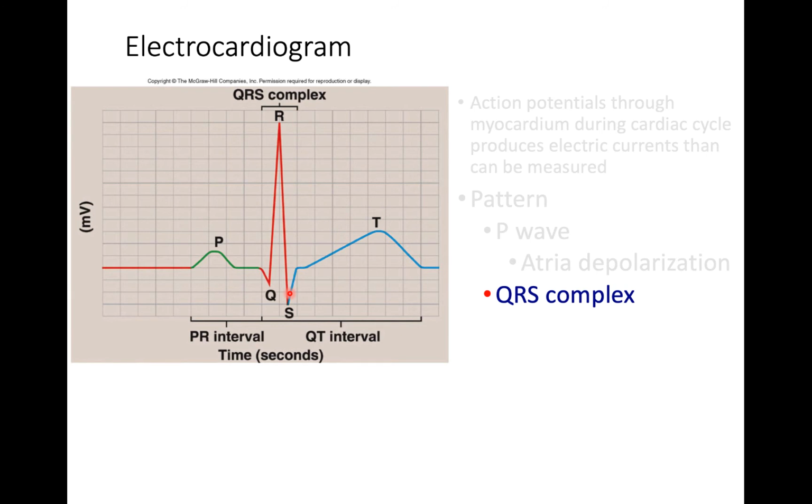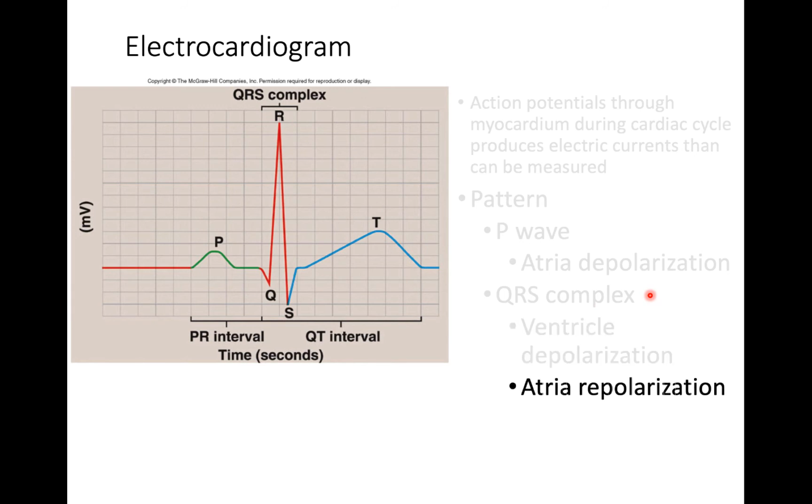So first, the voltage shoots down the interventricular septum, then up the ventricles to cause that ventricle to contract, pumping the blood up and out of the pulmonary artery and the aorta. The last piece of this is going to be the atrial repolarization that takes place here as well. So not only are the ventricles contracting during the QRS complex, but the atria are recharging.